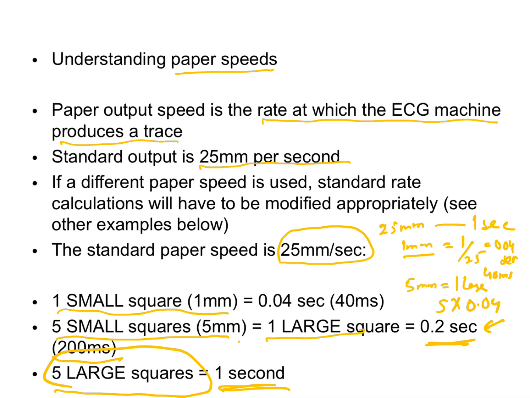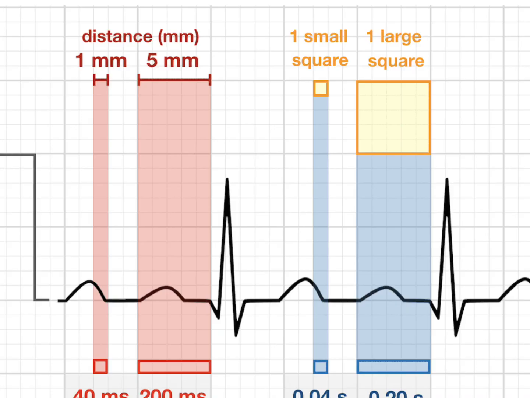Okay. One small scale is equal to 0.04 second or 40 millisecond. 5 small scale means one large scale, which is equal to 0.2 second, and 5 large scale will constitute 1 second. Here in this ECG we can see these are the small scales and this is the large scale. One small scale is 1 mm and one large scale is 5 mm.